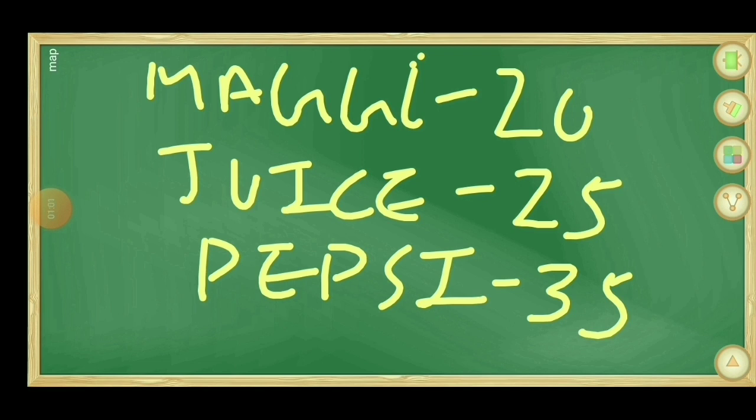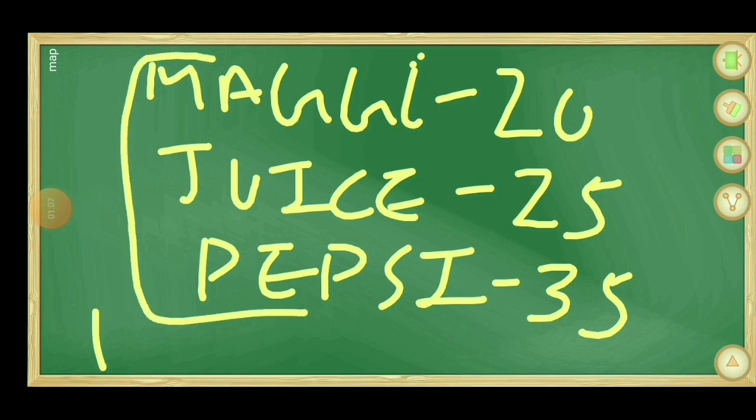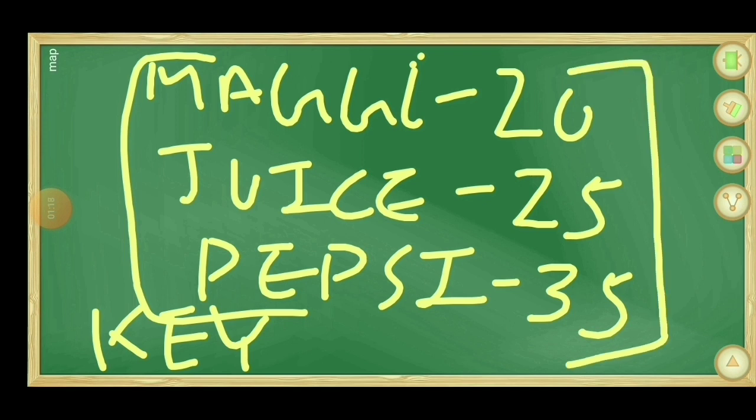So you give certain inputs, and these inputs are called keys. For each key there is a mapped value.